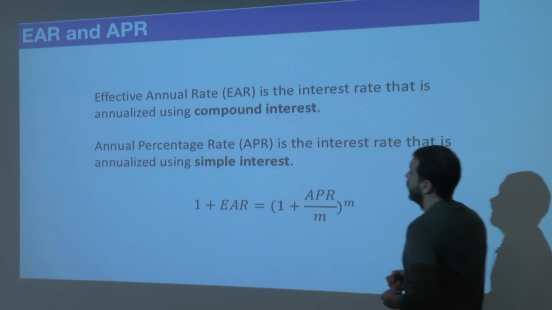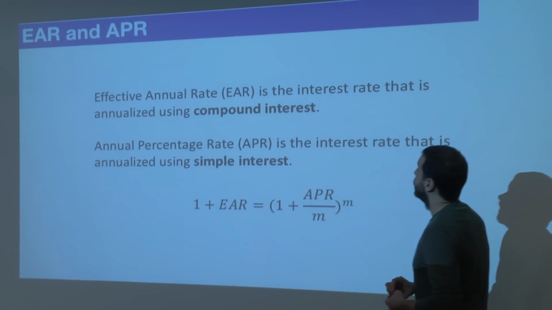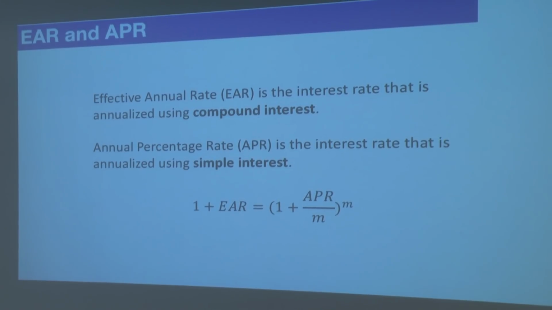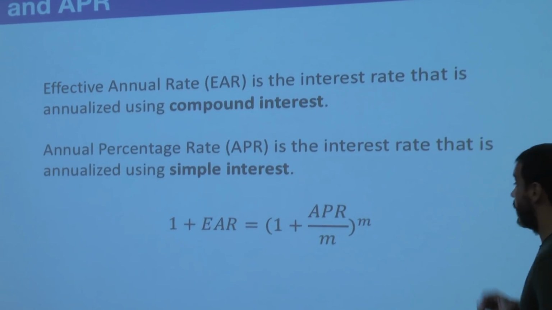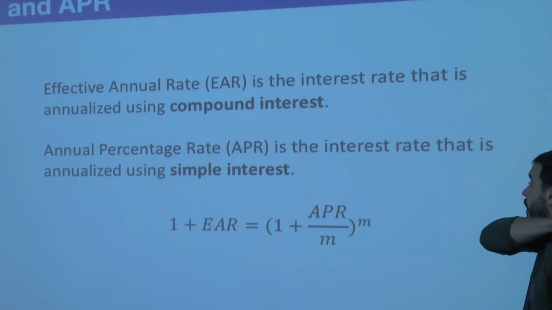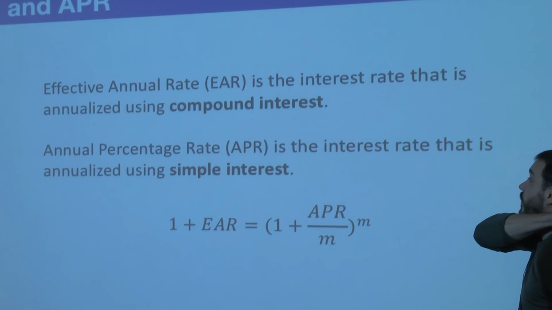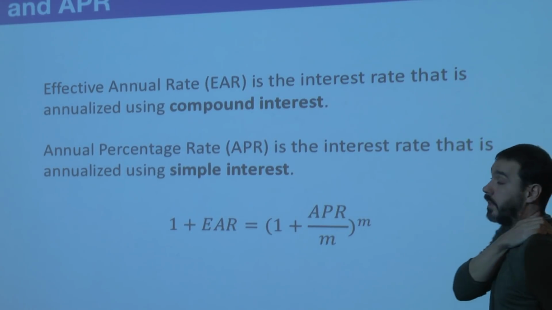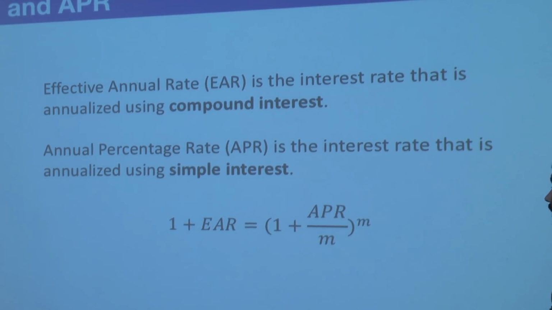So effective annual rate and annual percentage rate. We actually kind of already did this in the previous exercises. The annual percentage rate is also called the stated rate. It's telling you a yearly rate without considering the compounding.